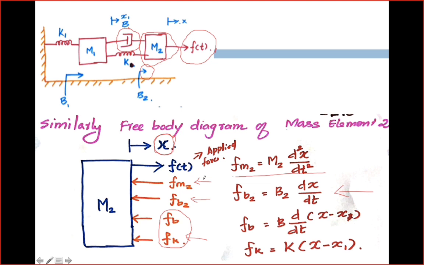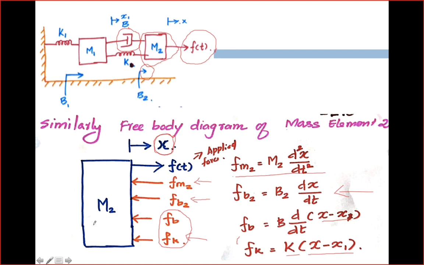Now we are writing the equation with respect to mass element m2, hence we have to write the displacement like x minus x1. Similarly, the force acting because of the spring, f suffix k, is equal to spring constant k into x minus x1. These are the differential equations of the different forces acting on mass element m2.